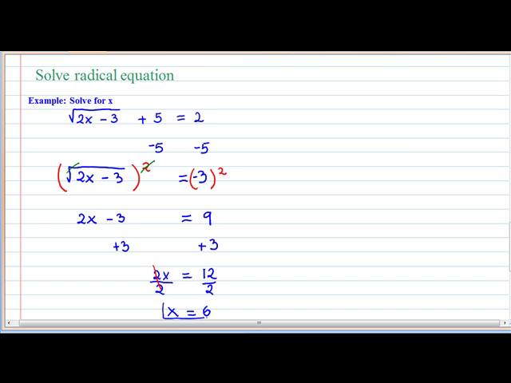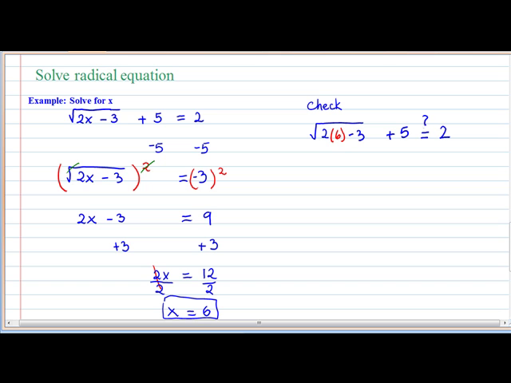Now we're not done here. We have to check the answer. Let's check the answer. So the square root of 2 times 6 minus 3, then plus 5.